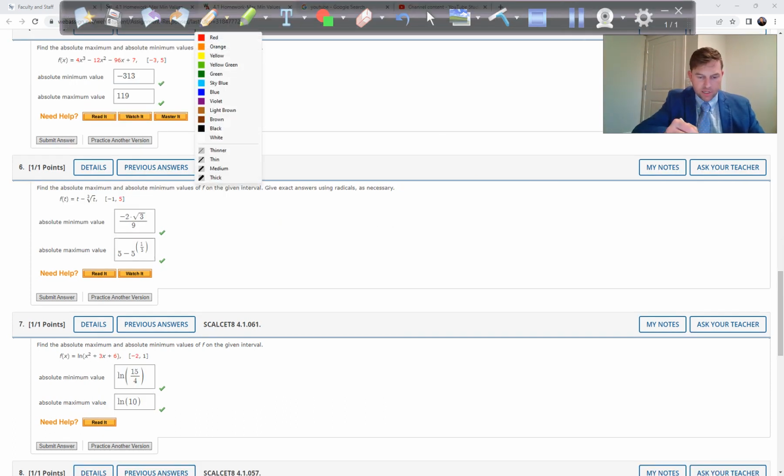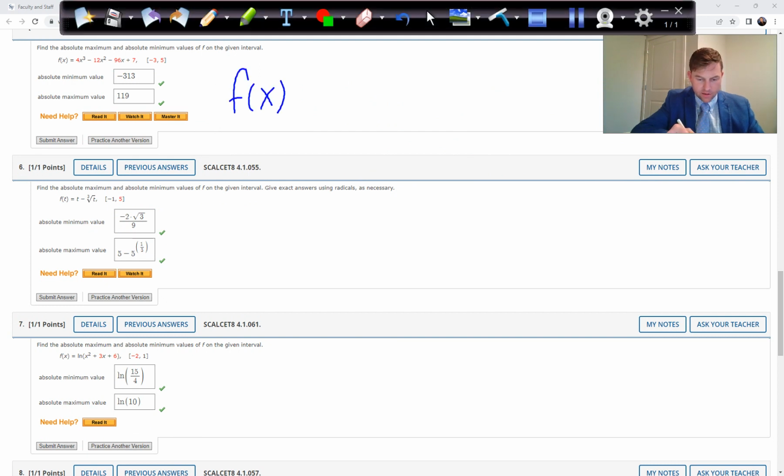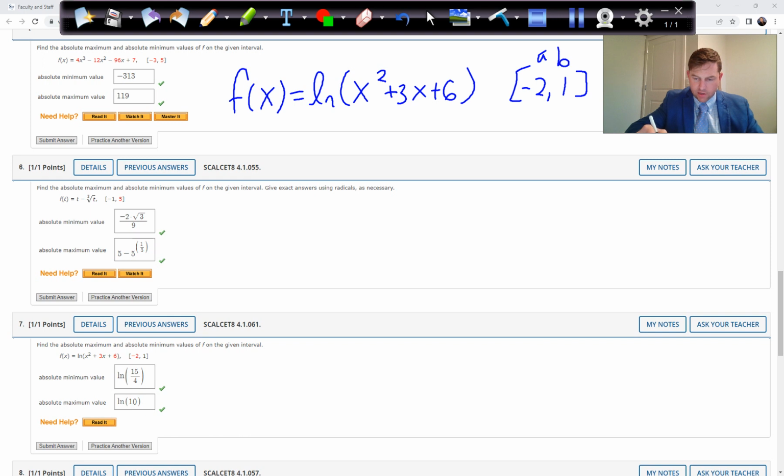Okay, problem 7, same kind of idea. We have f of x equals the natural log of x squared plus 3x plus 6 on the interval minus 2 to 1. So that's A, that's B. First thing we're going to do is come up with the derivative of this.